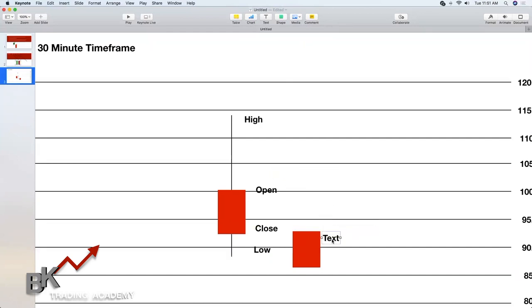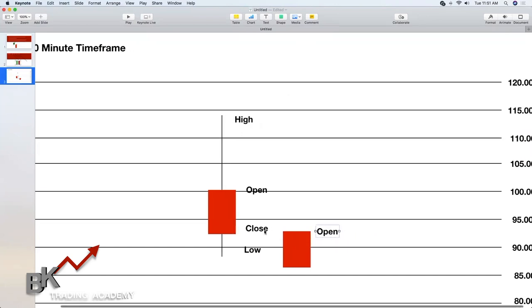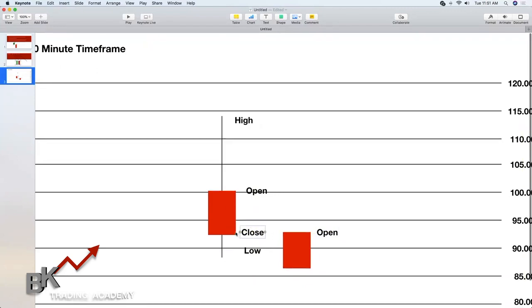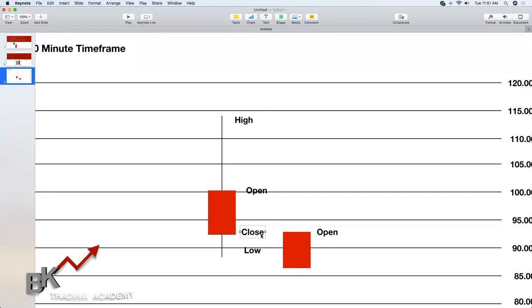I'm going to actually type open right here, which is at the exact same price where the previous candle closed at. So it's like a transfer. If you can think of a relay race and you hand it off to your next runner, it's a straight line across here. And that's how you can also identify when the last candle closed and when the new candle opens. Okay. So price is shooting to the downside.